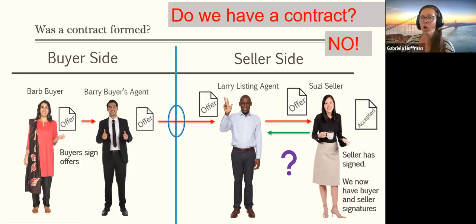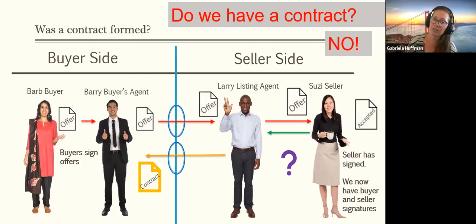Well, the answer is no, because it did not communicate back to the buyer side. The buyer side has no idea that Susie, seller, has signed. So remember, the communication needs to go back to the offeror. It needs to cross this blue line of communication twice in order to have a contract. So unfortunately, when it left at Larry, we're not there yet.